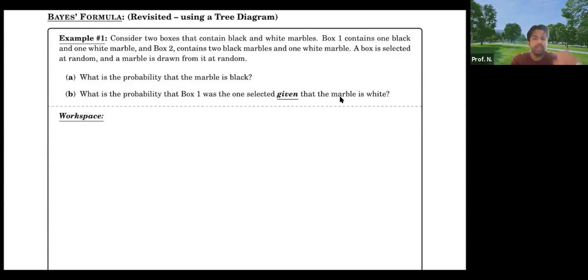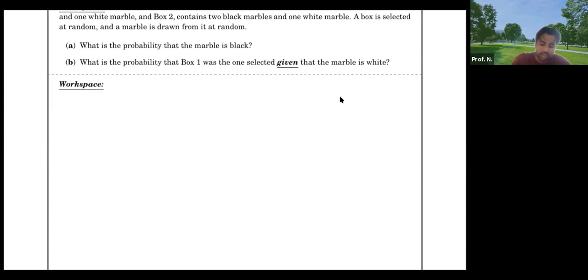You can't choose 2 marbles with different colors, right? You have to choose only 1. So you see there are 2 layers of mutual exclusivity. The first one is either box 1 or box 2, and the next one is either black or white. So that's why the bifurcation of those branches in the tree diagram makes sense. You don't have to use it, but this is another way to look at it. So let's draw that tree diagram.